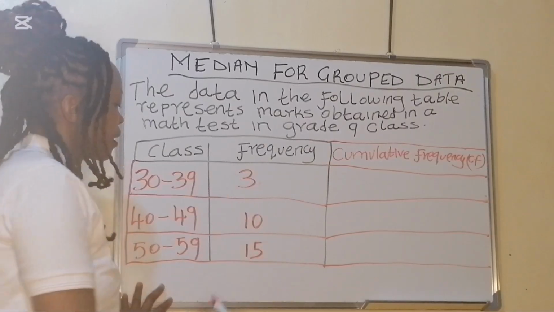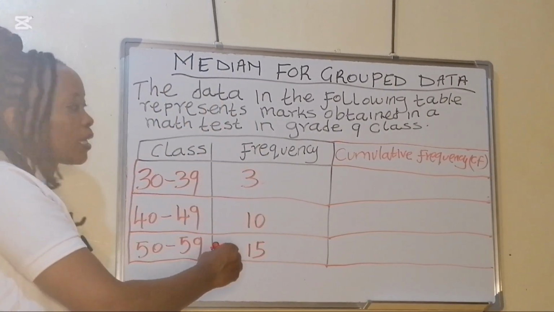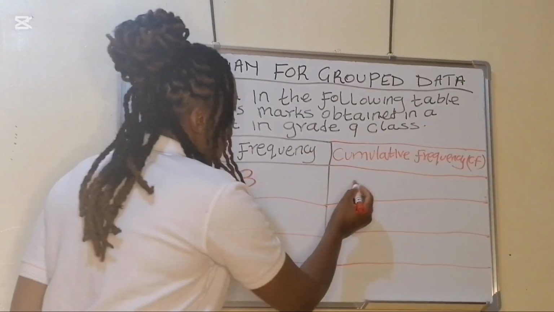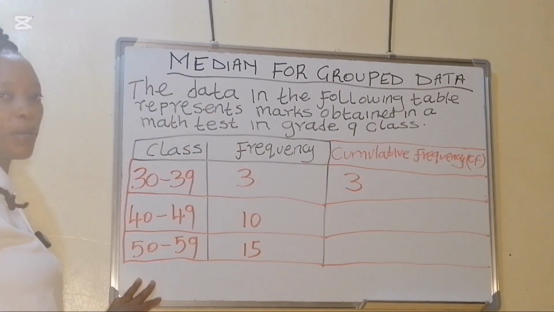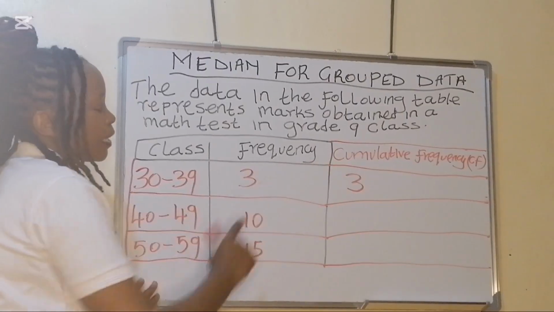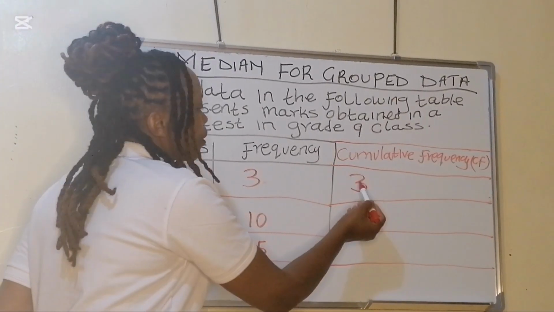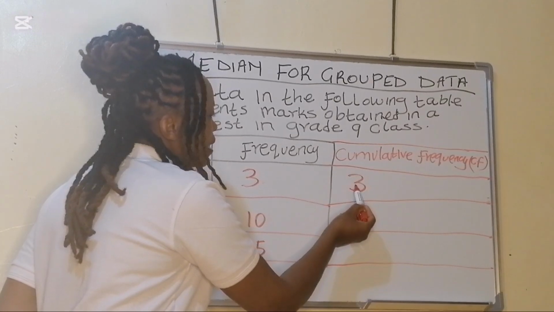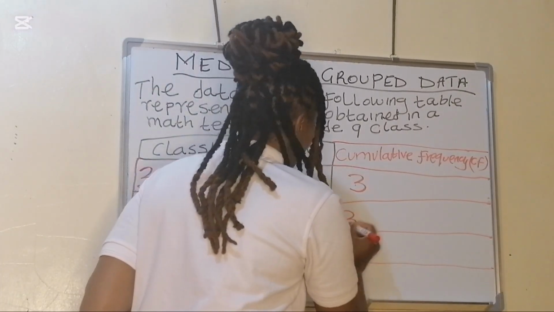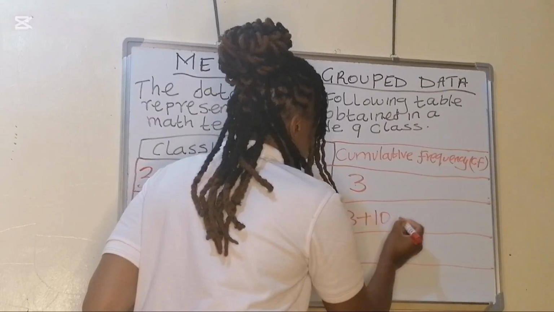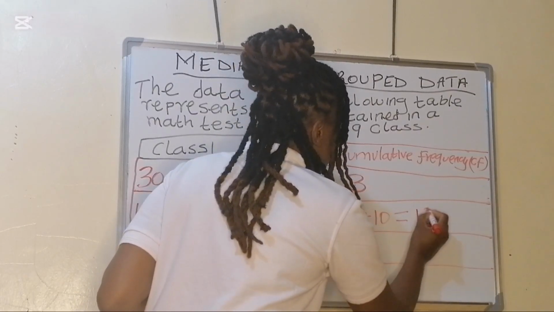We start with 3. In cumulative frequency, you look at frequency, then the first one you just write the way it is. The second one, you add this plus this. You add 3 plus 10. So, cumulative frequency for the next one is 13.